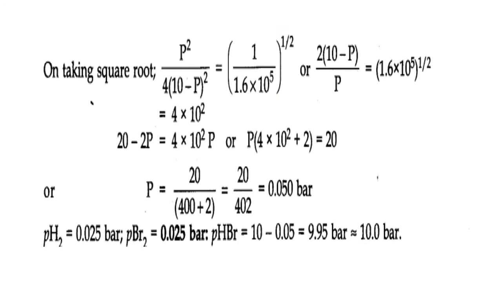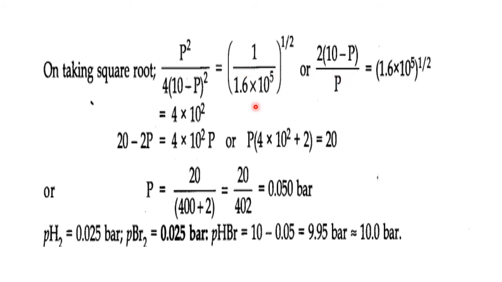So when you take the square root, I am taking the inverse: 2 into (10 minus P) by P equals this one. This has to go to the numerator, because the square root of 1 is 1. So for this I have made some arrangement. This is the arrangement, right?